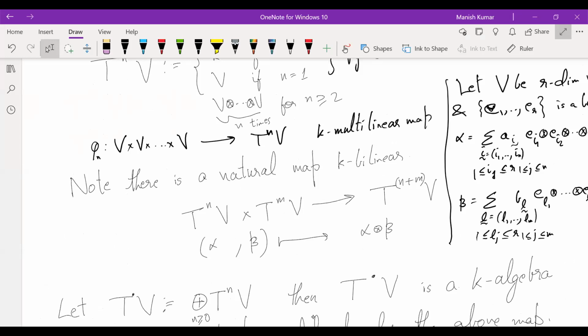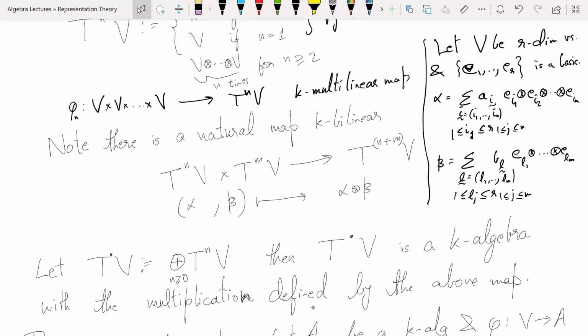Since I have defined explicitly what the map is, if alpha and beta look like this, the tensor product, you can write down an explicit formula. So then it is well defined, what alpha tensor beta is. You just take the tensor of this and you do the usual tensor manipulation.